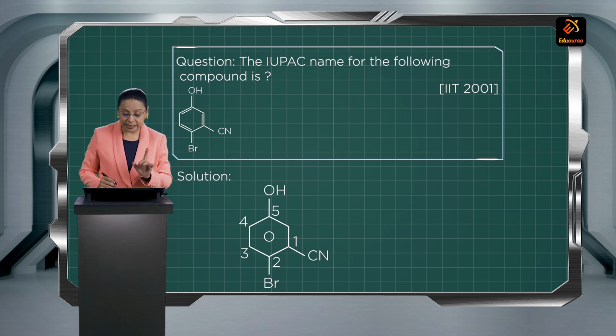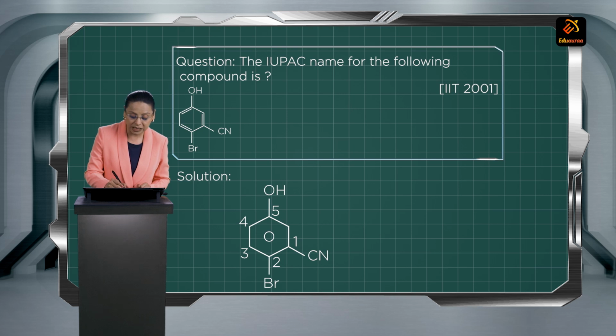But in this case, I am having the substituents at the first, third and sixth position. Now the sum of the lowest locants comes into the picture. That means out of these two sets, whichever is giving me a lower sum of the locants, that will be preferred. So of course, we will not take 1, 3 and 6. We will take first, second and fifth.